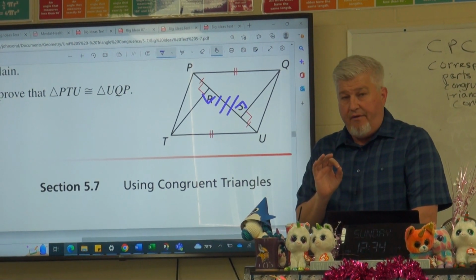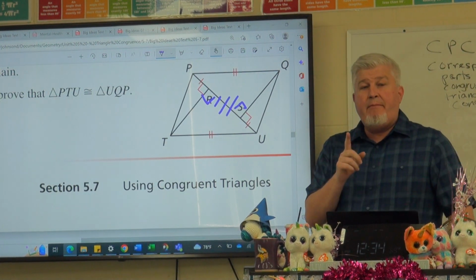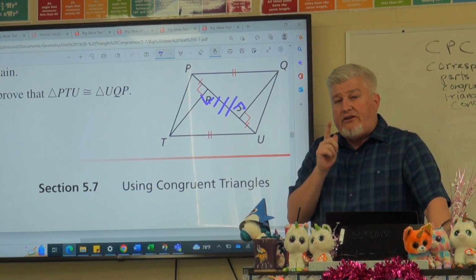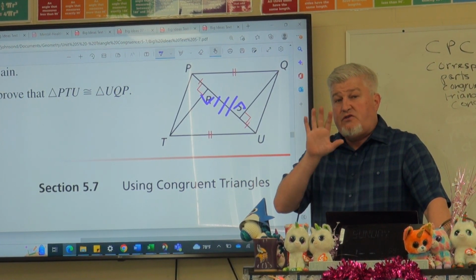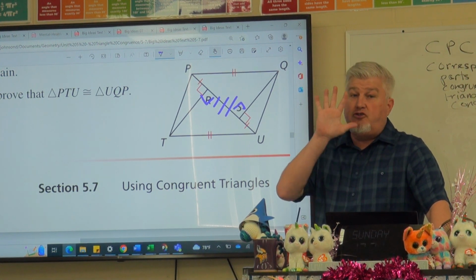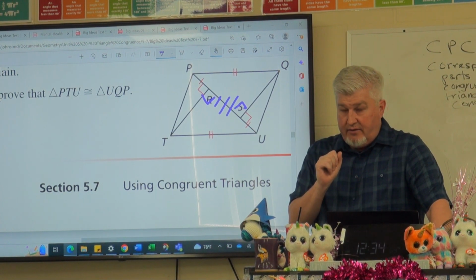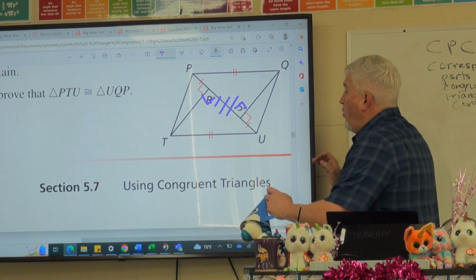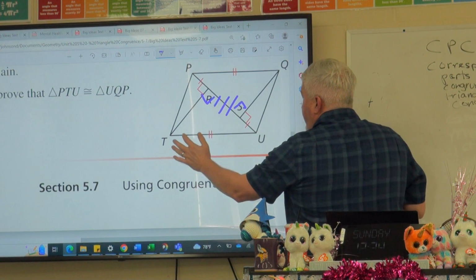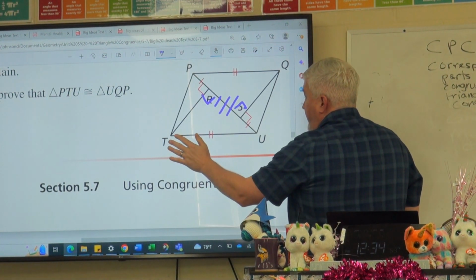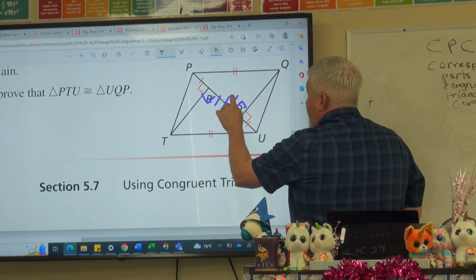Please notice now, what I told you to remember to think about is if you have right triangles, which of those 5 theorems from the previous section should you think of first? It was hypotenuse leg. So I know here's the hypotenuse here, here's the hypotenuse here, and here's the legs that are congruent.